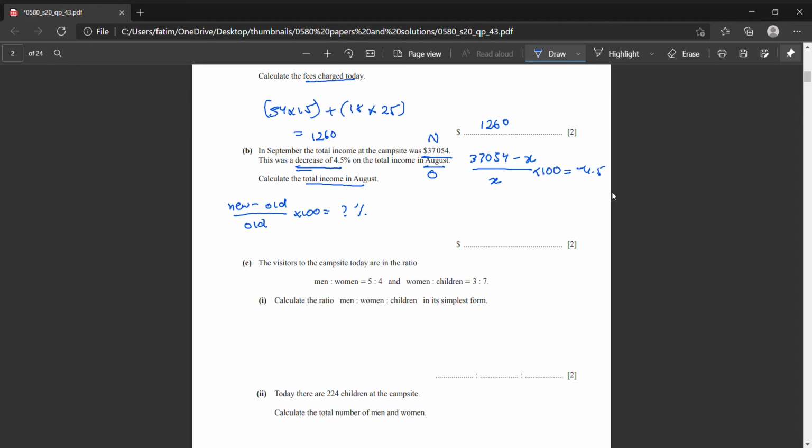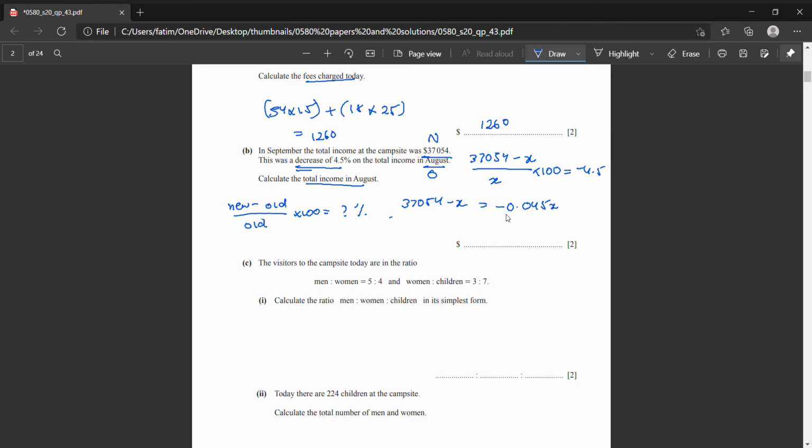But anyway, now we have to solve for x. So with basic algebra, 37054 minus x is equal to negative 0.045x. So basically what I did first was I divided negative 4.5 by 100, which gave me negative 0.045, and then I took x to the other side, so it had to be multiplied because here it was being divided.